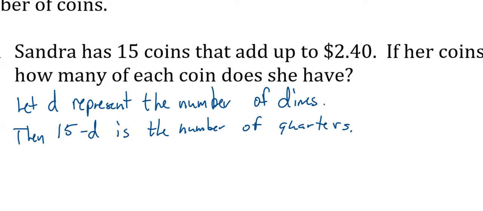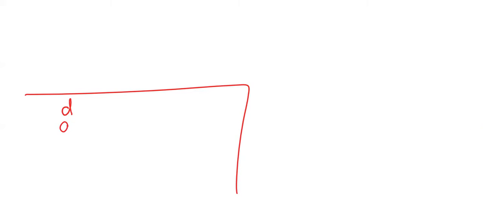Put your pencil down and watch. I'm going to show you another way that you could do that. Again, we talked about this before. Some of you might like this way better. If the number of dimes is D and the number of quarters is Q, and I have 15 in total, I know D plus Q is 15.